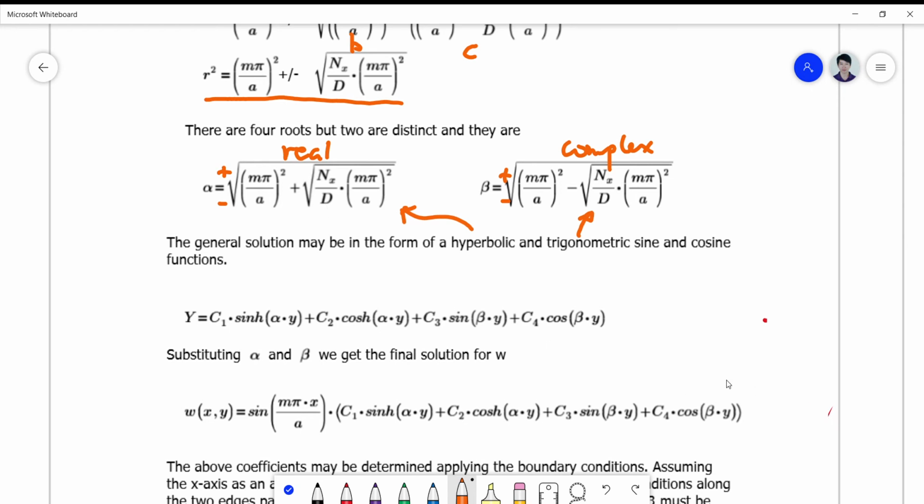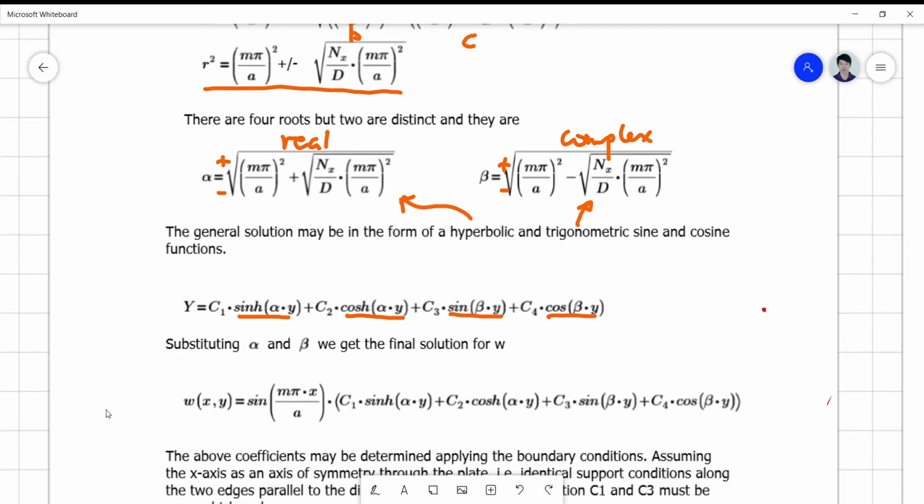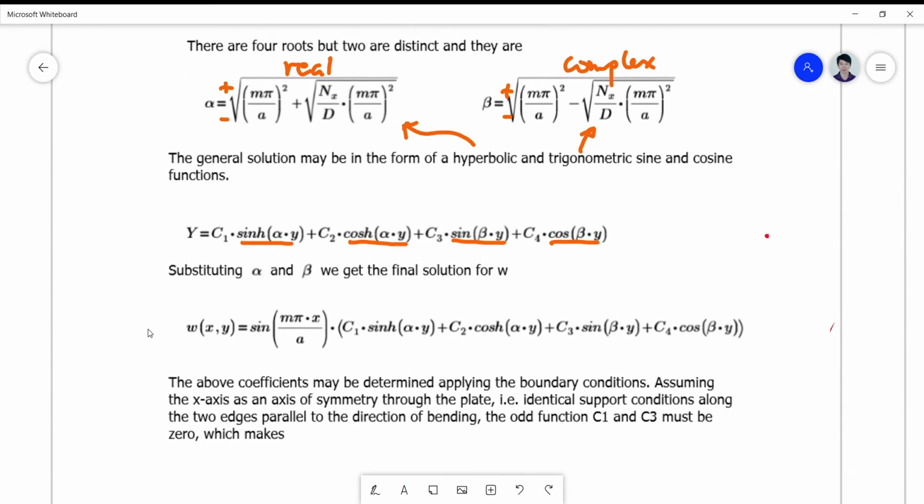So this is now my hyperbolic sine and cosine and trigonometric sine and cosine, which has, of course, coefficients yet to be determined by applying the boundary condition. And in totality, the final solution will simply be the product of my solution for x and y. So I simply multiply the x solution a while ago and the y solution here.